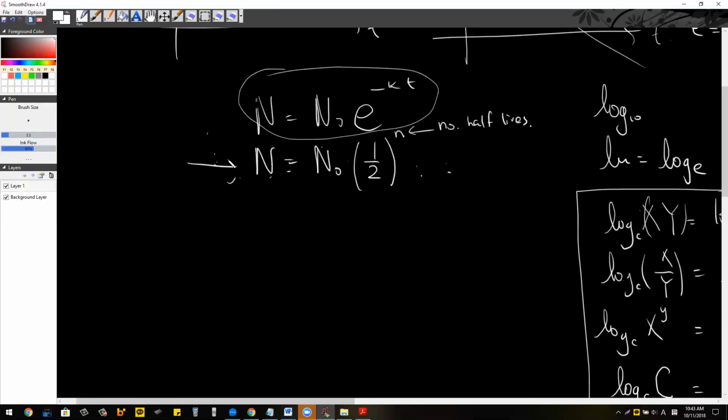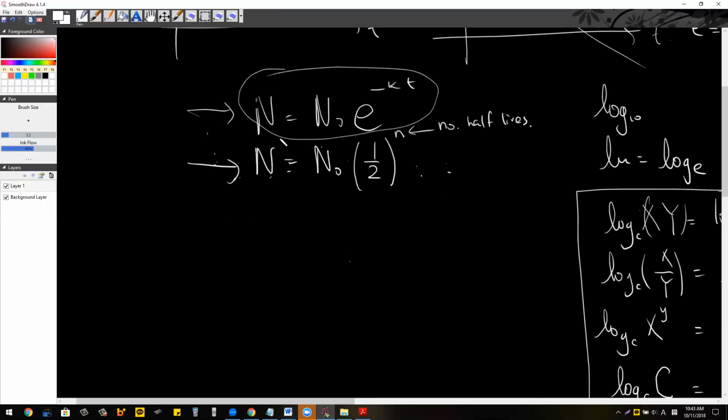So for example, if the original amount is 100, and I think we've already done these two equations. Yeah, you already know these equations, right? Can I skip this one?